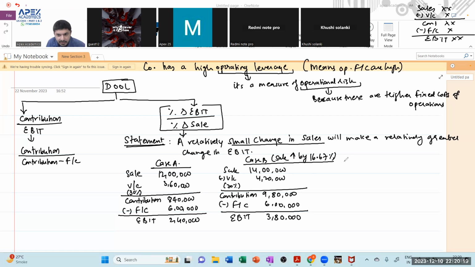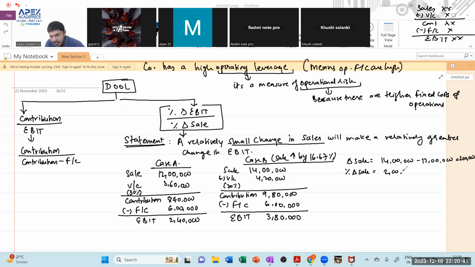Now, please understand. Delta sale means change in sale, which is 14 lakhs minus 12 lakhs, so 2 lakhs.